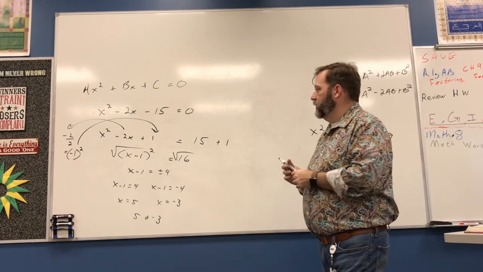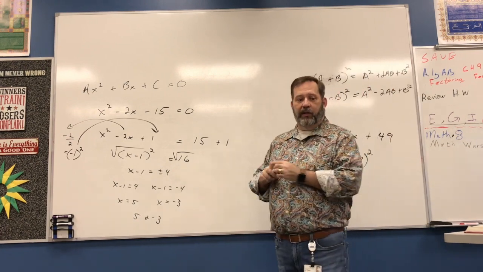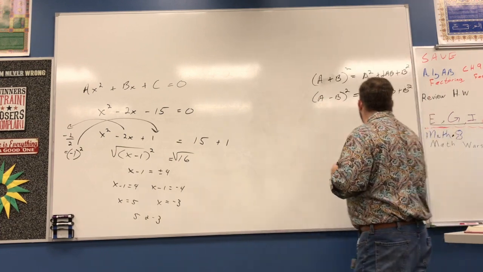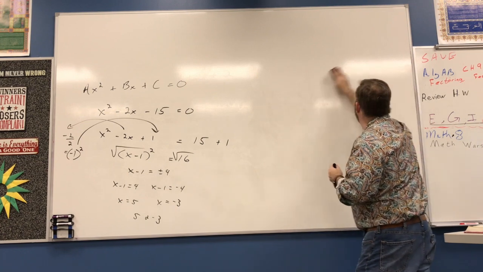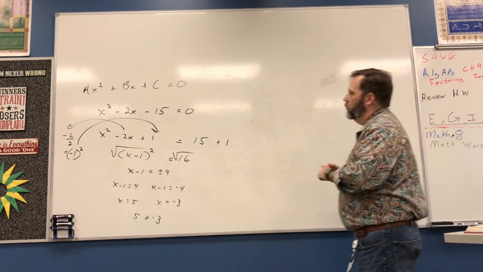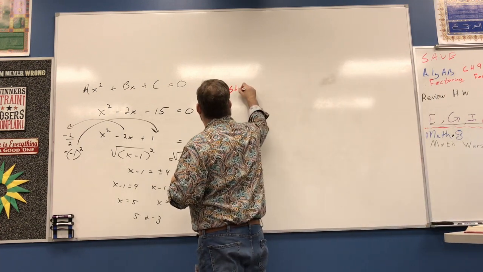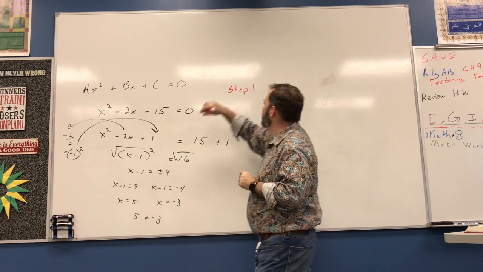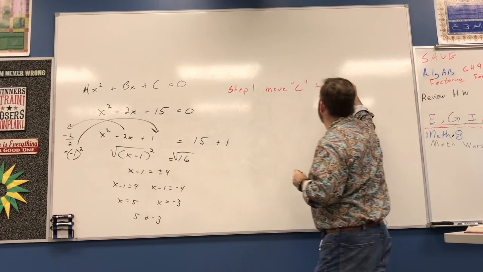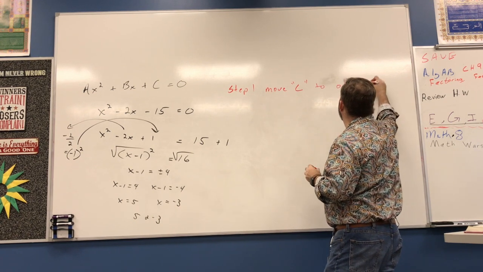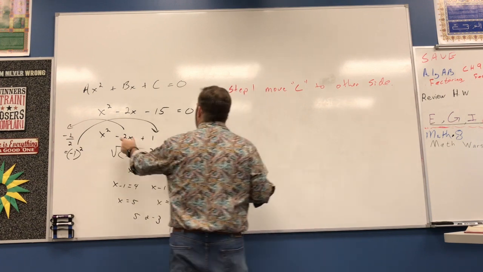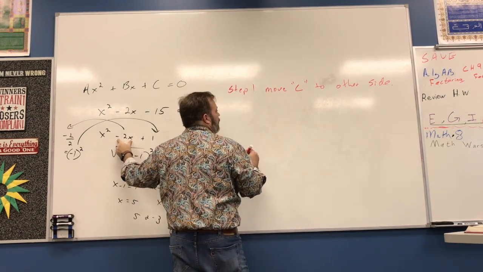What are the processes? This one's a little bit more complex, but we're going to go over them again, just to make sure that we've got this. Step 1. Move that c coefficient to the other side. All right, once you've got that, go back to your b coefficient.